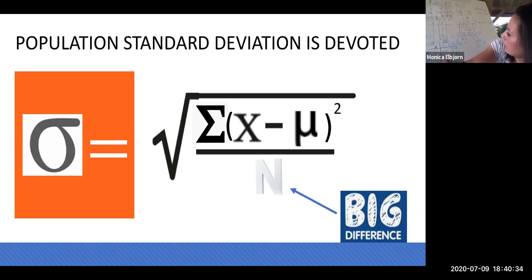So let's start making this formula. We got the square root of, I'm running out of space, the sum of x minus x bar squared divided by n minus 1. So we got the sum, which was 6, divided by our n.